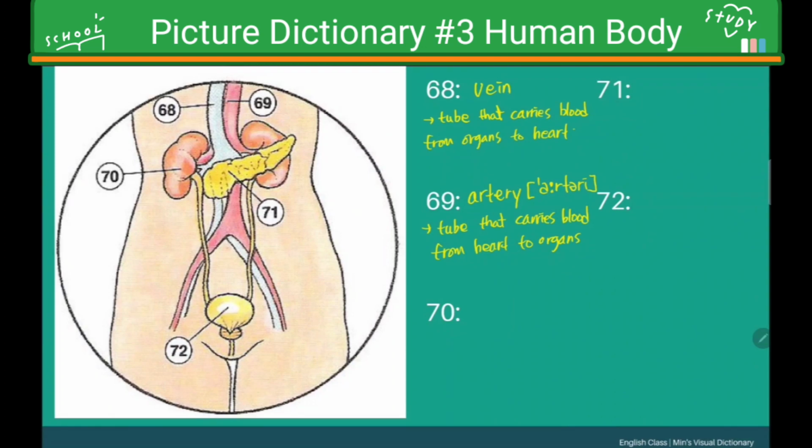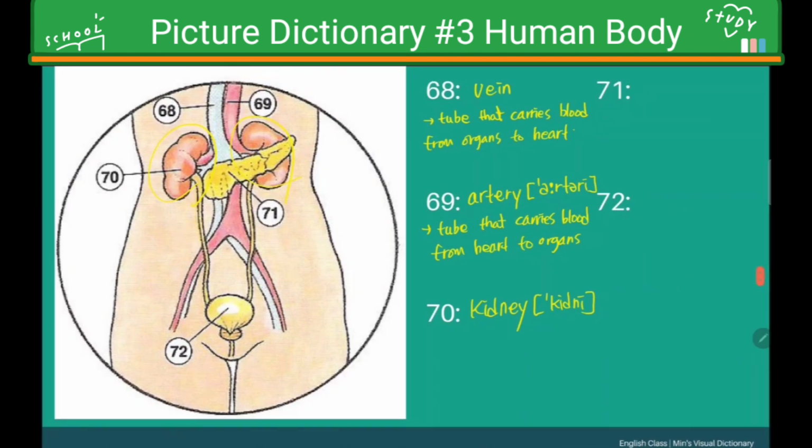Okay. And number 70 is these two bean-looking organs that are super important. They are our kidney, and we have two.